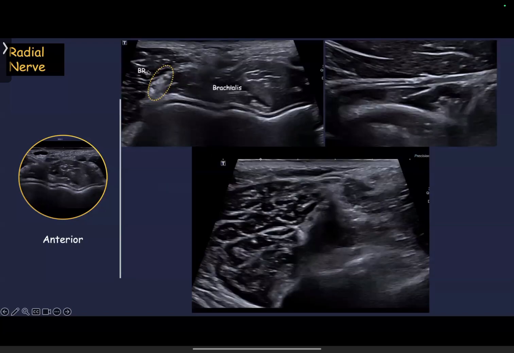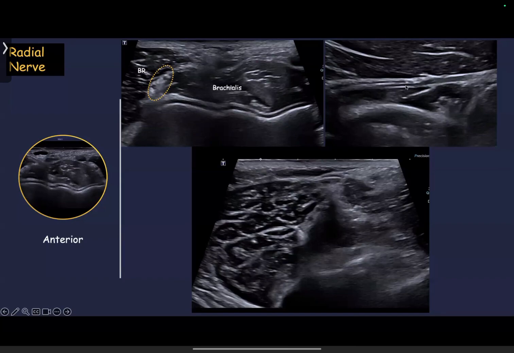So this is the axial section of the elbow. What we have learned so far is that laterally we have brachioradialis, centrally we have brachialis, and this is the radial nerve. This is a somewhat long-axis image of the posterior interosseous nerve.